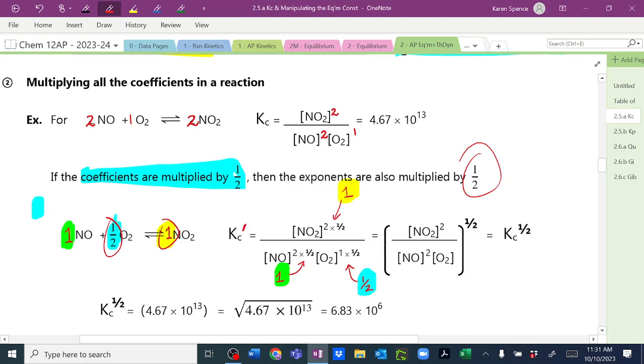The prime indicates we've done something to the reaction. We might be flipping it, we might be multiplying it by a half, we might be doing some combination, who knows?